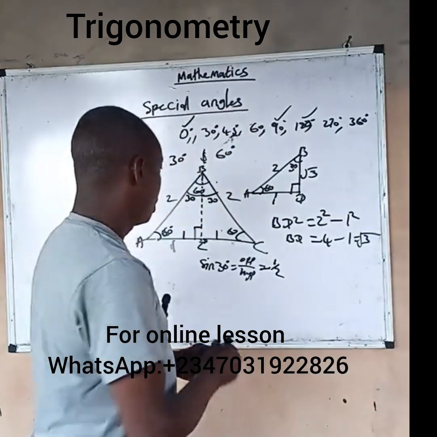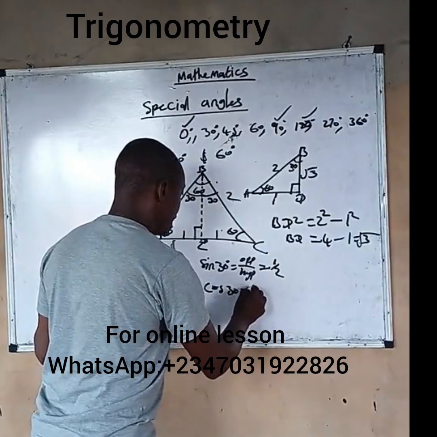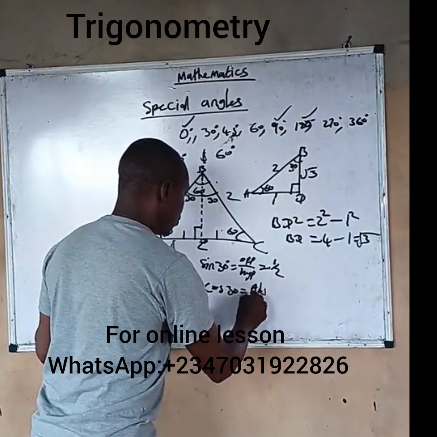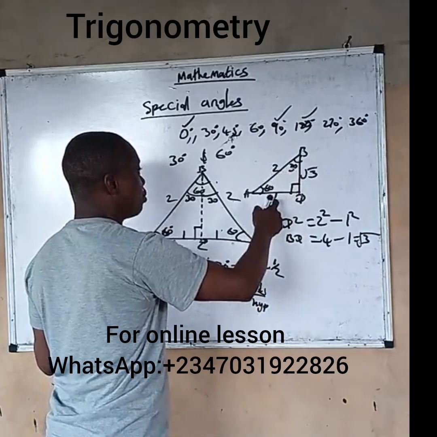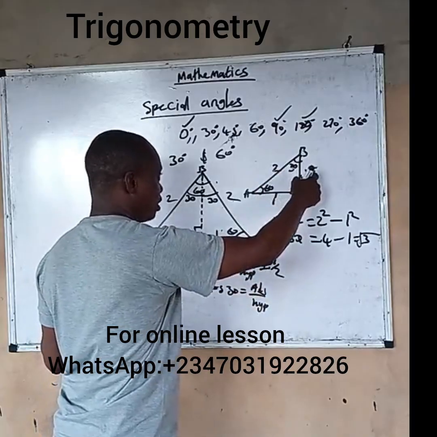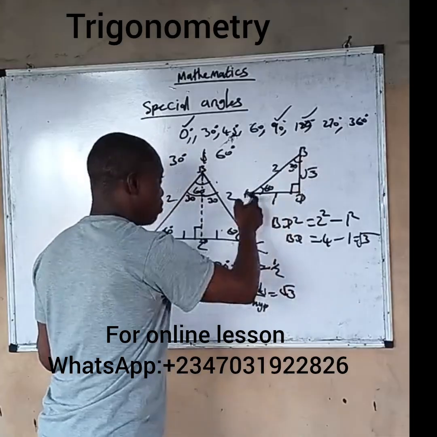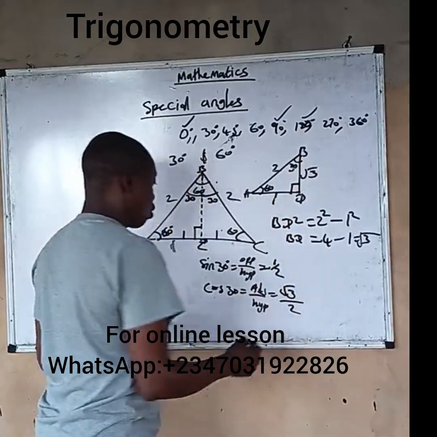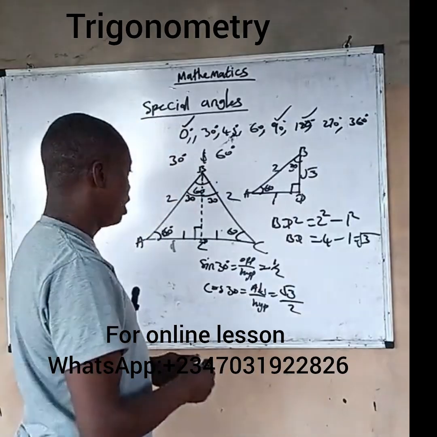Then cos 30 degree. Cos is adjacent over hypotenuse. Since here is the 30, this here is the opposite, here is the hypotenuse, so the adjacent is root 3 over hypotenuse 2. So cos 30 degree is root 3 over 2 as a special angle.